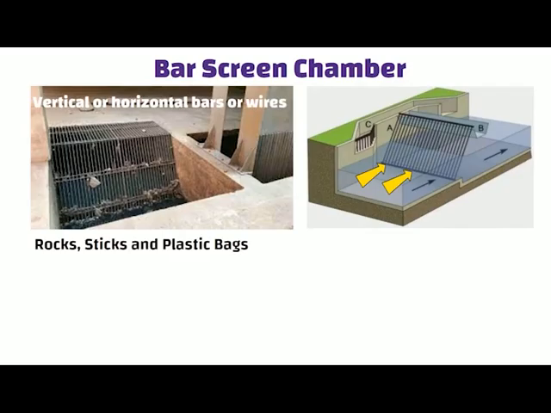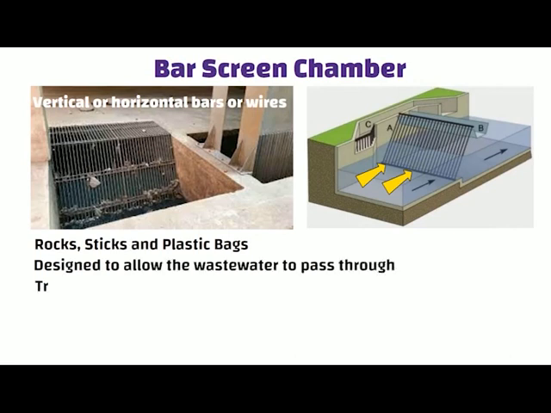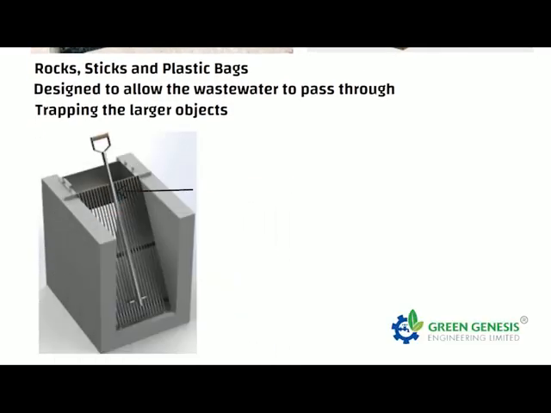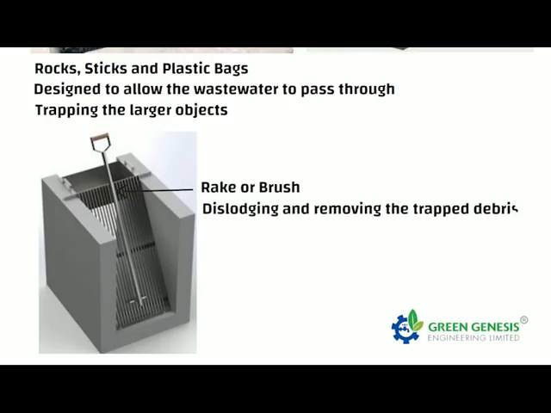The bars or wires are designed to allow the wastewater to pass through while trapping the larger objects. This system typically consists of a rake or brush that moves along the surface of the bar screen, dislodging and removing the trapped debris. Depending on the type of debris, it may be sent to a landfill, incinerator, or other disposal facility.